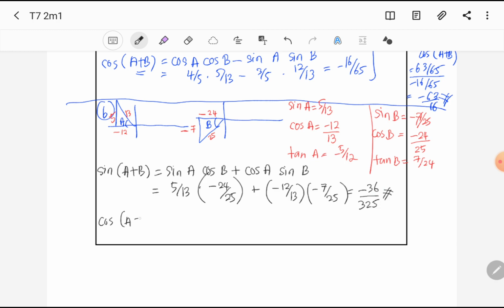Cos A plus B equals to, okay, cos A cos B minus, dia terbalik sign dia.